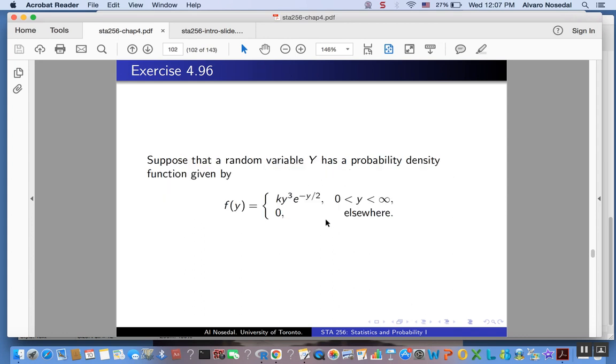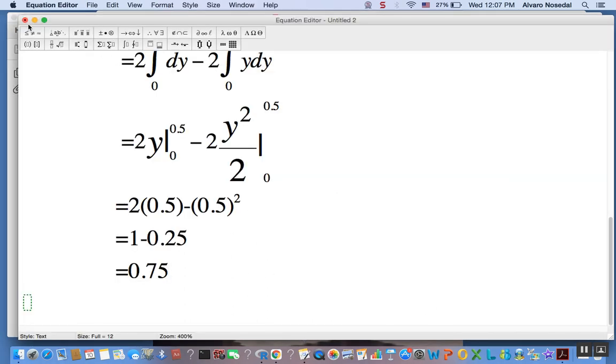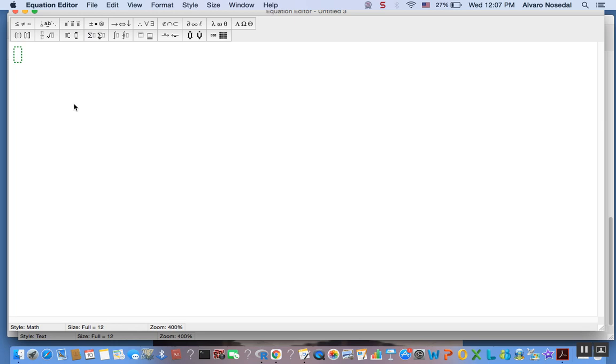Okay, so take a look at that. It's y cubed e to the negative y divided by 2. Let me write that down here. Let me open a new page.